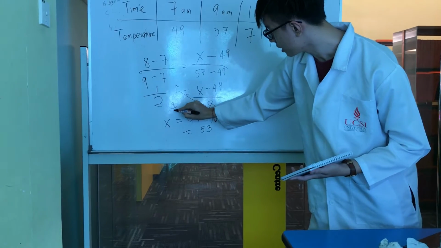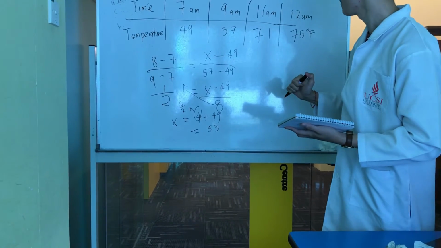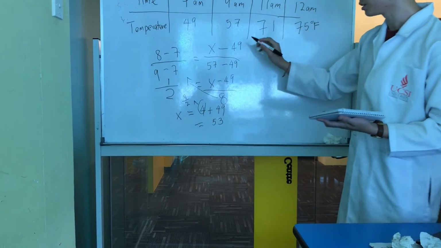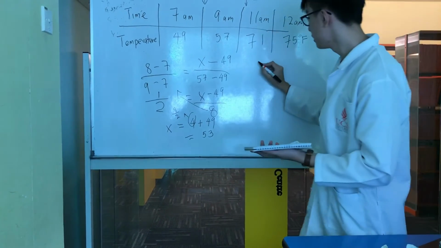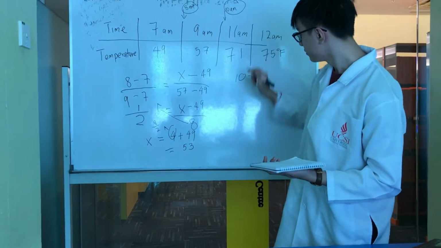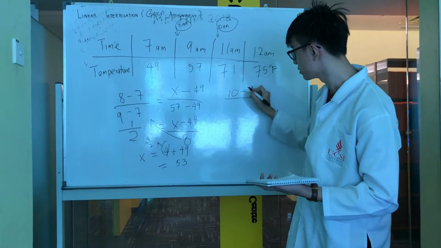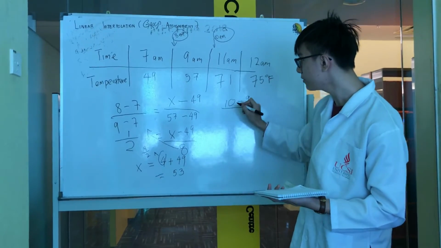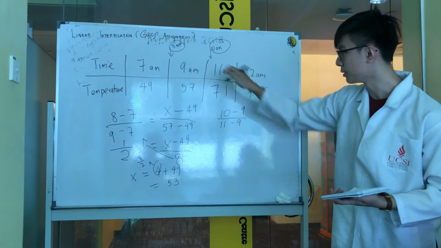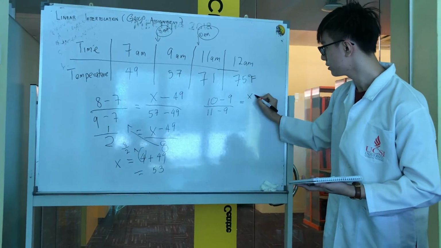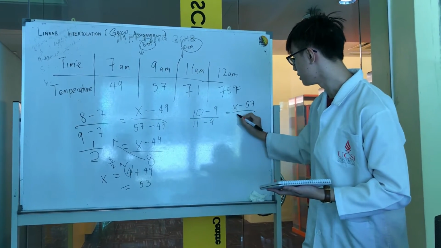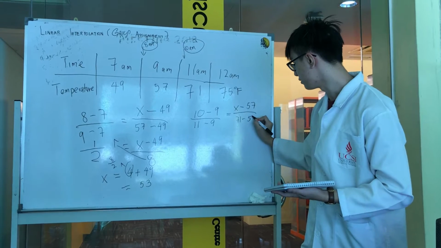Okay, so now we estimate the temperature at 10, using the same method. 10 minus the small one, the big one minus the small one. This is what we want, which is 10. 11 minus 9, because it's lying in the middle. Same method will be 57 to 71.